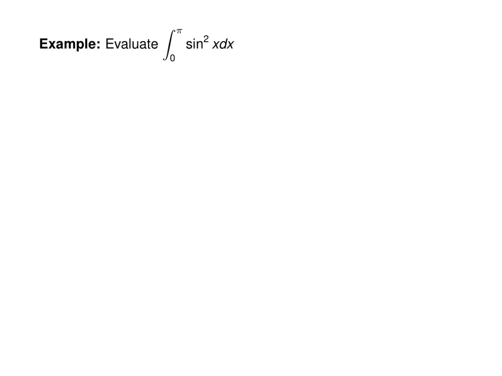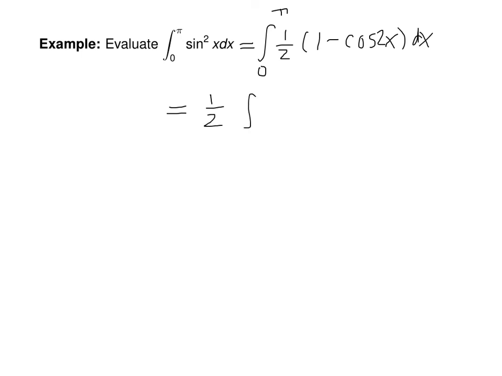So we have the integral from 0 to pi of sine squared x. We know that we can rewrite sine squared x as 1/2 times 1 minus cosine of 2x, from 0 to pi. Let's take out the 1/2, and we have the integral from 0 to pi of 1 minus cosine 2x.